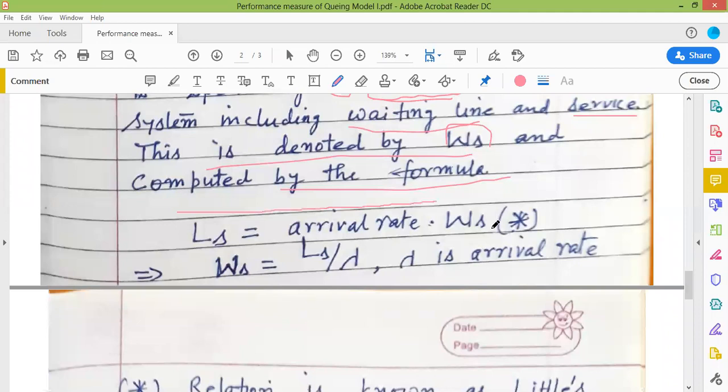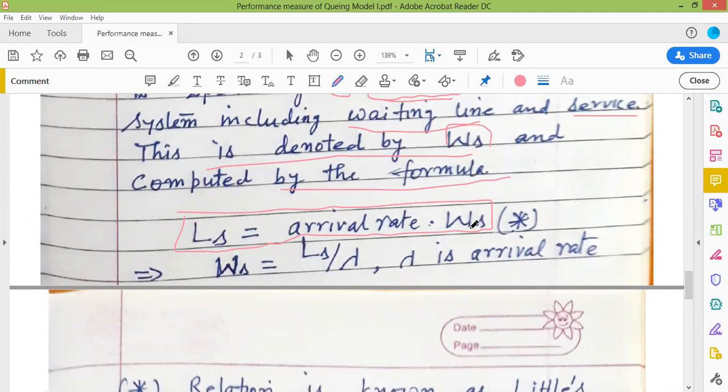This formula is known as LS, the length of the queue in the system, is equal to the arrival rate into WS, the waiting time in the system.